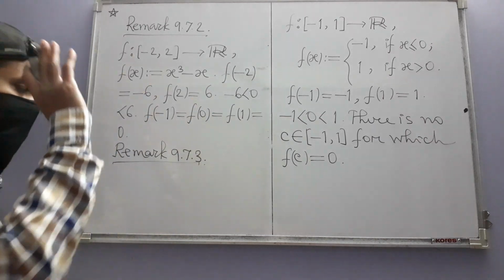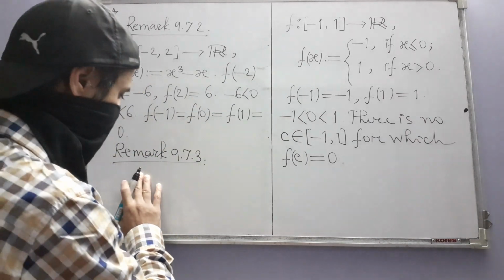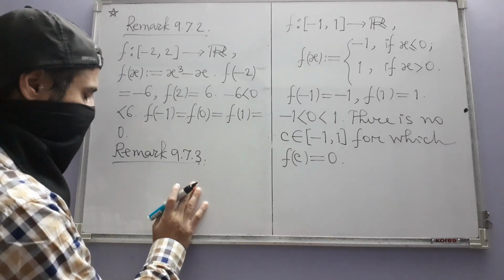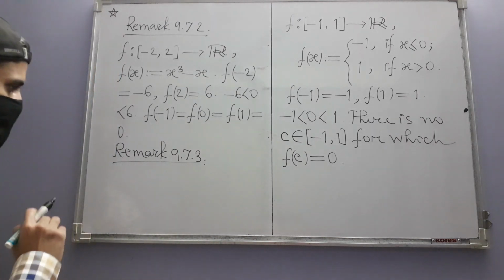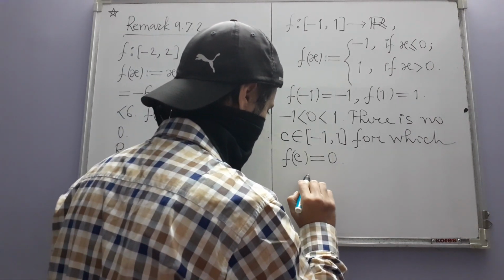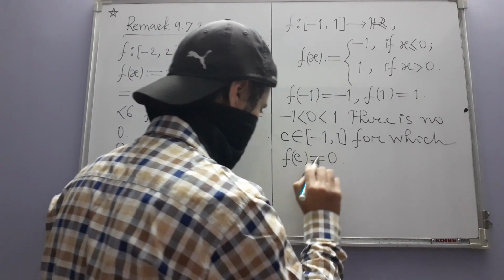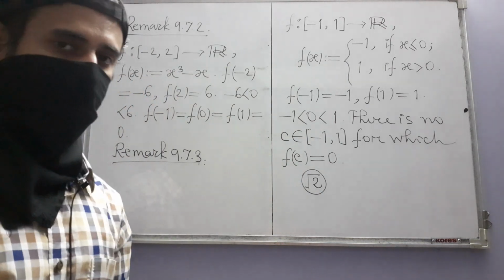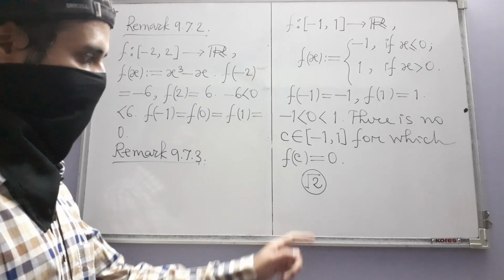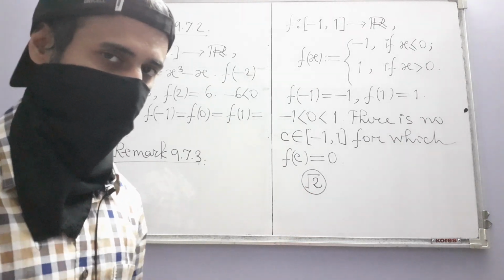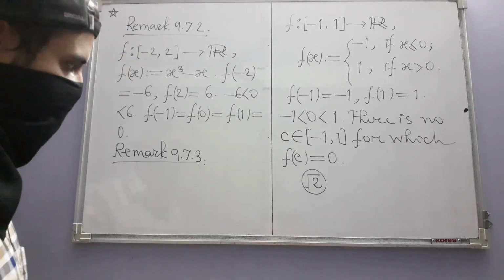I mean, we did it long ago, but still using the intermediate value theorem also it can be done. For example, say someone wants to prove that there exists a positive square root of 2, namely a positive real number whose square is equal to 2, using the intermediate value theorem.